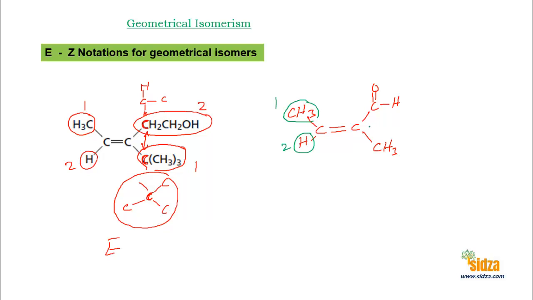First we look at the atoms attached to the carbon. Here is carbon, here is carbon, so there is a tie. But then the atoms attached to this carbon are oxygen and hydrogen. Here you have 3 hydrogens, but here is oxygen, right? Therefore this group will get number 1 priority over this one. Highest priority groups are on the same side, so this will be a Z isomer.